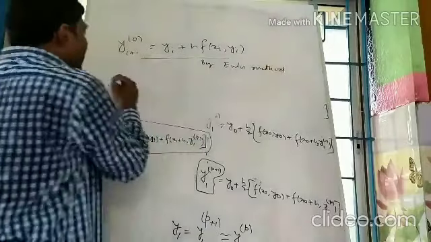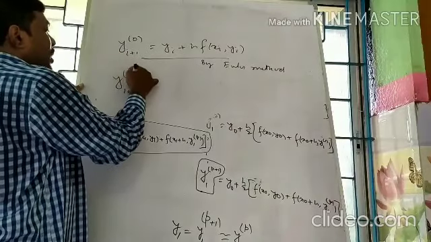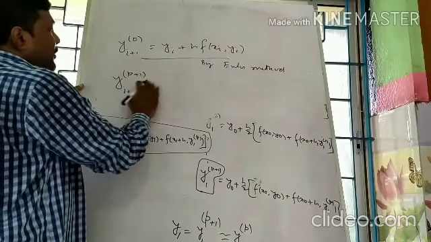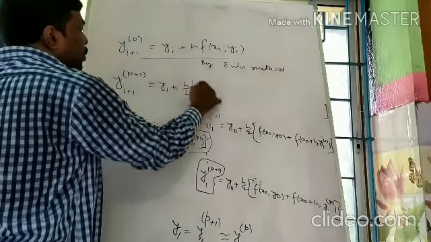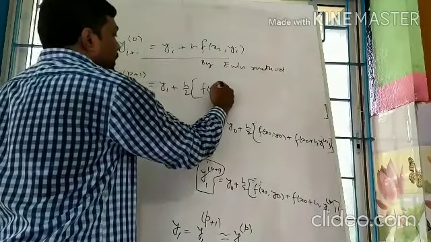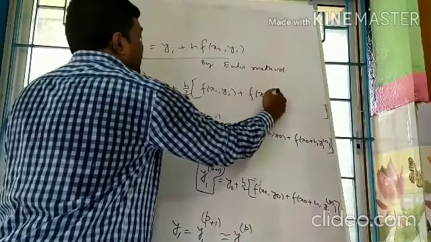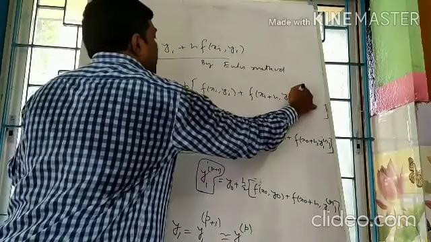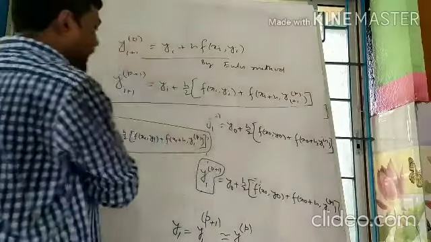Then the iteration formula is y(i+1)^(p+1) is yi plus h by 2 [f of xi, yi plus f of x(i+1), y(i+1)^(p)]. This is the iteration formula by modified Euler method.